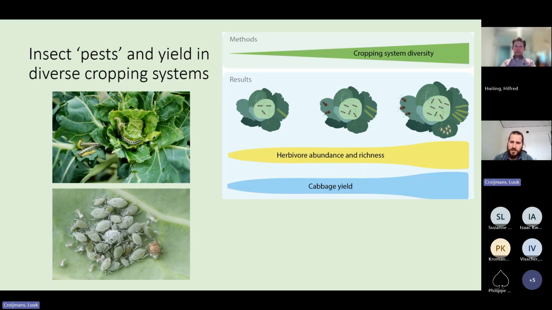And the nice results, I think I tried to summarize them in this figure on the right. So on the top, you can see the system diversity, and let's say on the left, it's the least diverse system, a monoculture, and then on the right, it's the most diverse system. So this strip cropping with 6 different crops. And then in the middle somewhere, there is the strip cropping with 2 crops. And what we saw was at the same time more herbivorous insects, so higher abundance and species richness of herbivorous insects.